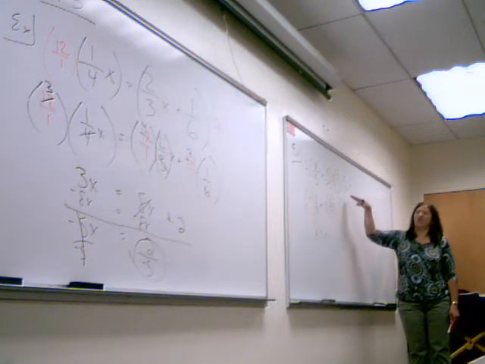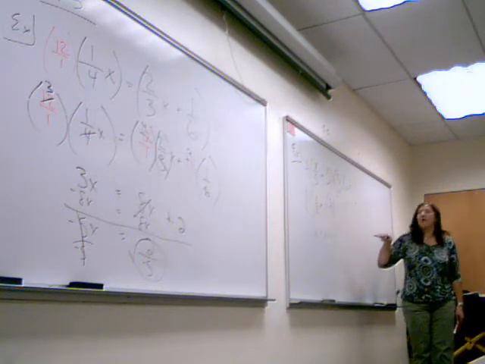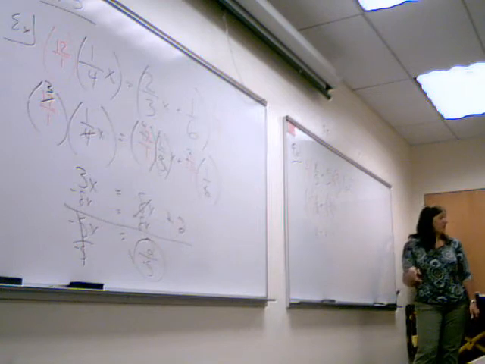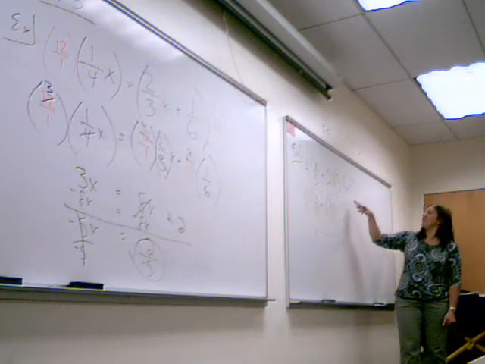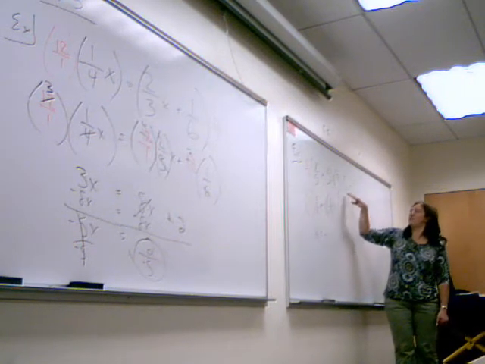Now, let's look up here. Do I need to distribute first and then multiply by 5, or can I just multiply and then distribute? Yes, sure, because this is just multiplication with 3 terms: here's a term, here's a term, here's a term.